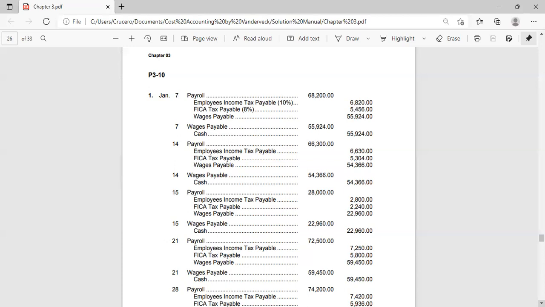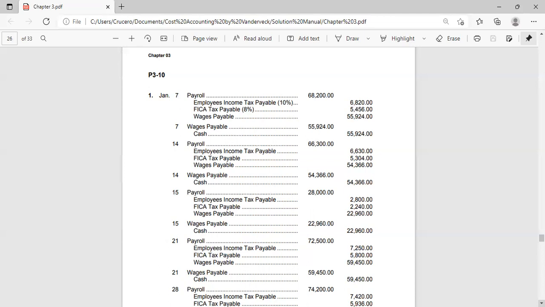Next, on January 15 we have the payment of the wages, but following January 15 is January 21, recording total earnings of factory employees amounting to 72,500.